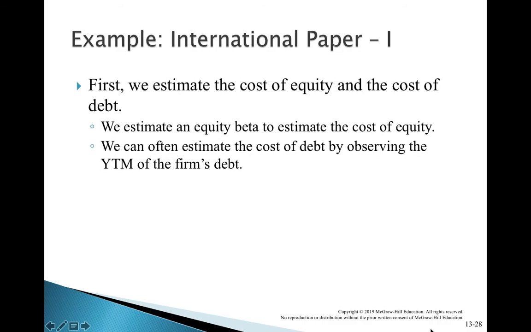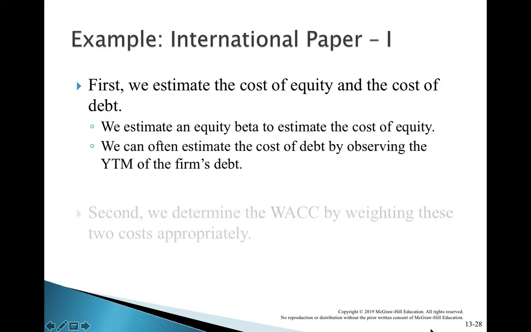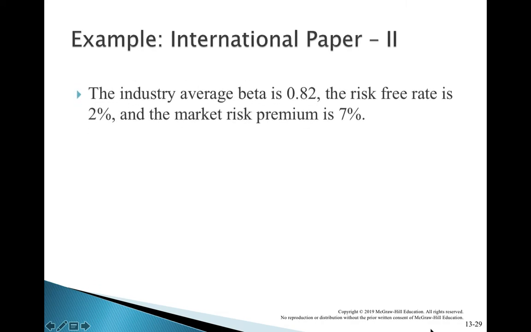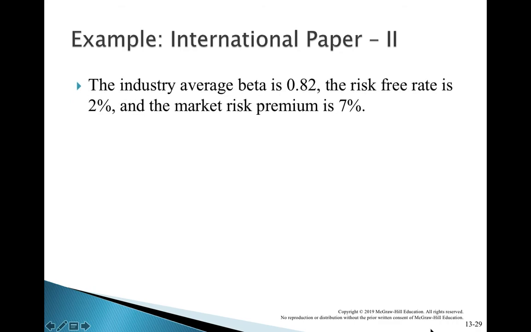We estimate the cost of equity for International Paper, then we will calculate the cost of debt, and after that we will calculate the WACC the same way we have done in the previous slide. And once we calculate the WACC, that will be used for the firm valuation. Industry beta is 0.82, which we will use as the proxy for this company. Risk-free rate is 2%.